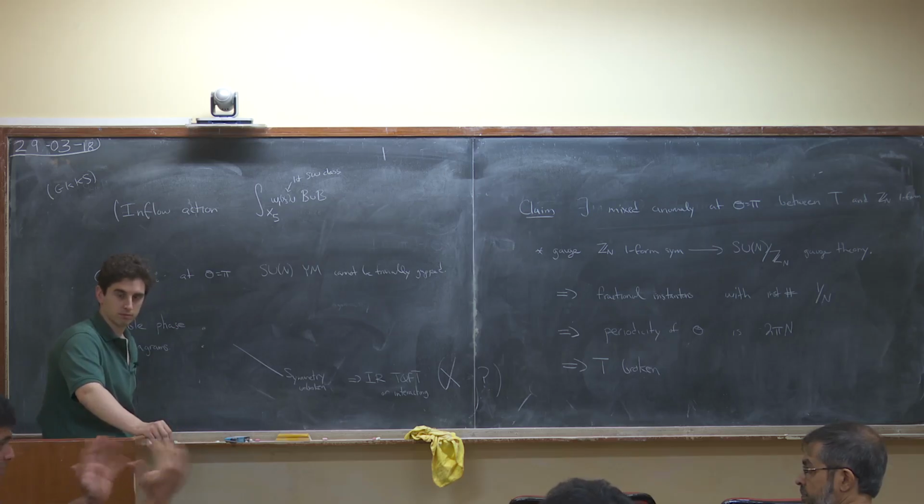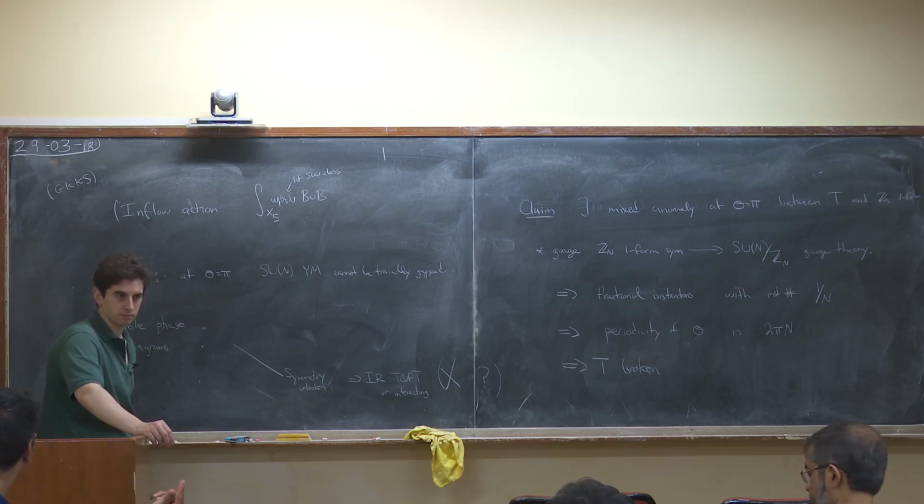So the theta dependence of the coupling part is like theta by n. So in the large n limit, ordinary analysis tells you that things should depend on theta like theta by n.